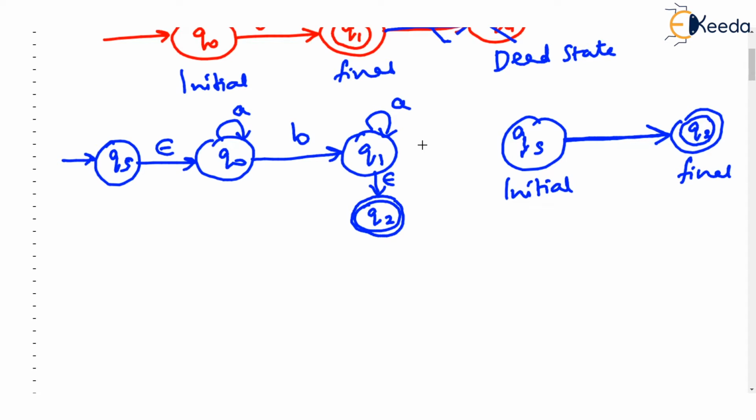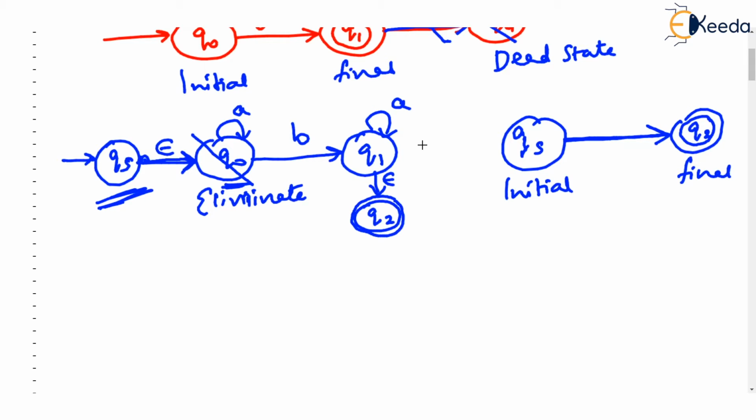How exactly are we going to eliminate these states? Let us say we want to eliminate Q0. From QS we can go to Q0, but we are going to eliminate Q0. Then taking Q0 as the intermediate vertex from QS, where can you go?